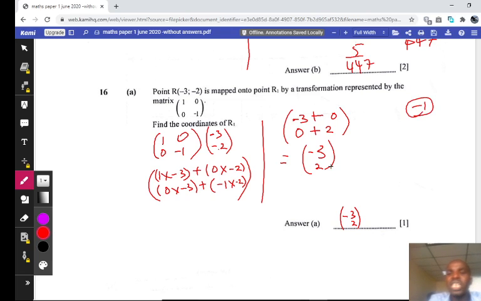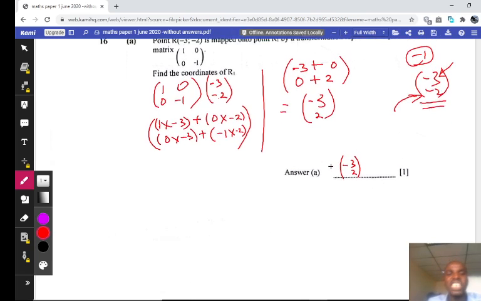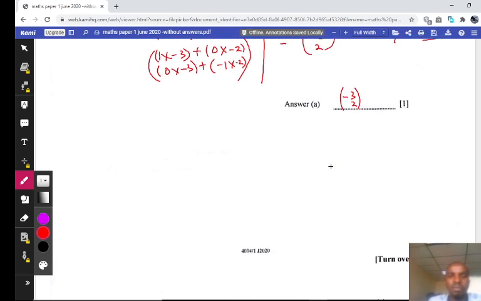We have the point (-3, -2), so the value affected is only the y value, minus 2. You multiply this y value by minus 1. The x-axis is invariant, meaning unchanged, so it will still be minus 3. The y changes to 2 after multiplying by the stretch factor of minus 1.